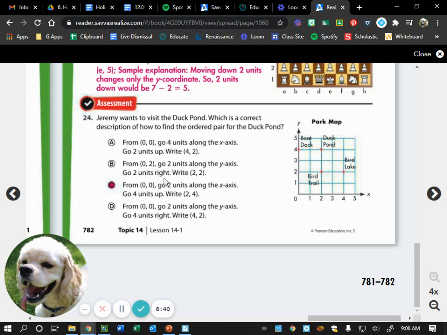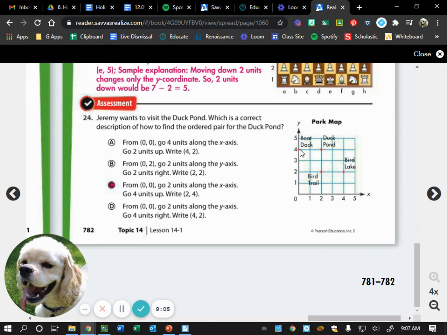Now, for A, it said start at 0, 0, go 4 units along the x-axis, 1, 2, 3, 4. Go 2 units up, 1, 2, write 4, 2. Well, that's Bird Lake. That's not where we want to go. B said from 0, 2. So we would go 0 and then 1, 2. Go 2 units along the y-axis, 1, 2.